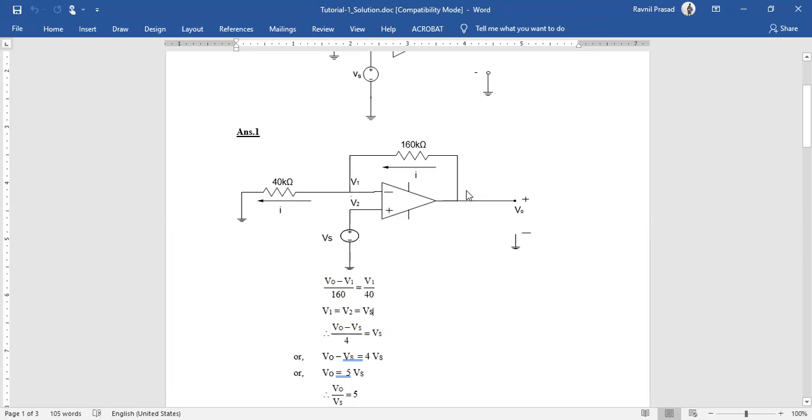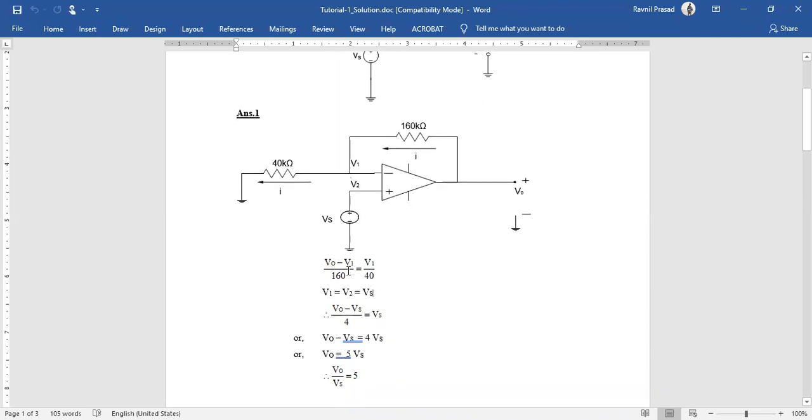So the current flows through this resistor and downwards. The current equation is V0 minus V1 divided by 160, which is equal to V1 minus 0 divided by 40. This is the equation that we get.